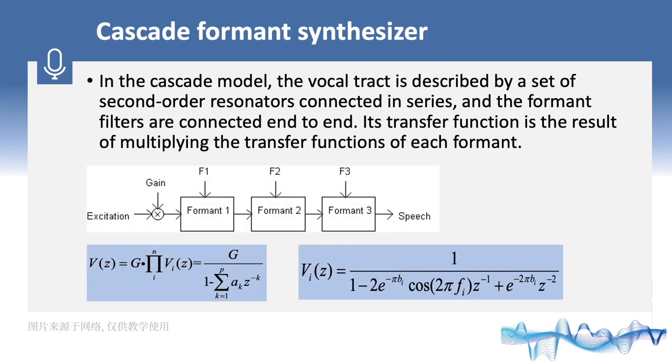In the cascade model, the vocal tract is described by a set of second-order resonators connected in series, and the formant filters are connected end-to-end. Its transfer function is the result of multiplying the transfer function of each formant.